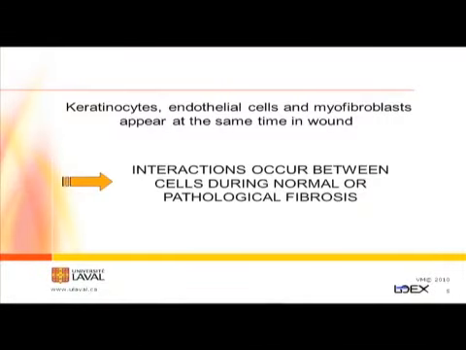Our main interest was cell interaction. We thought that keratinocytes, endothelial cells, and myofibroblasts appear at the same time in the wound, so we hypothesize that interaction occurs between the cells during normal healing, but also during pathological fibrosis.